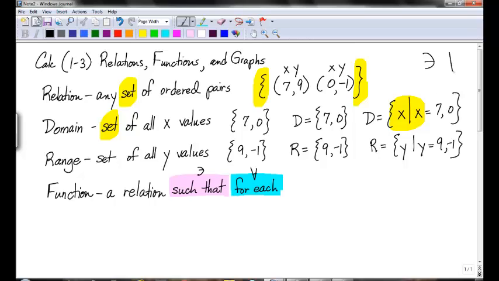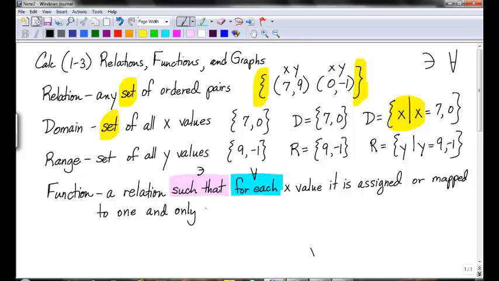It's an upside down capital A. A relation such that for each x value, it is assigned or mapped to one and only one y value.